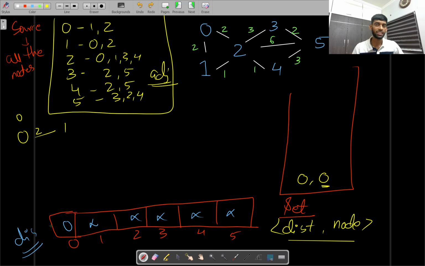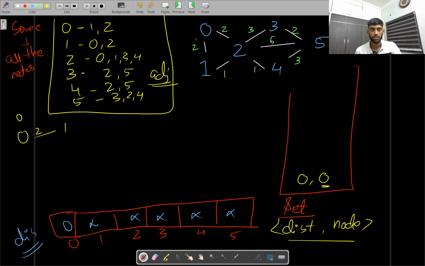Then if we are getting some distance, we will be comparing it to the already present distance in the array. So when we are getting an initial distance, it will always be less than infinity. So it is better for us to store something which is maximum possible. That's why we have written infinity.